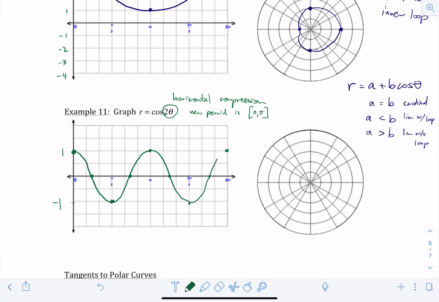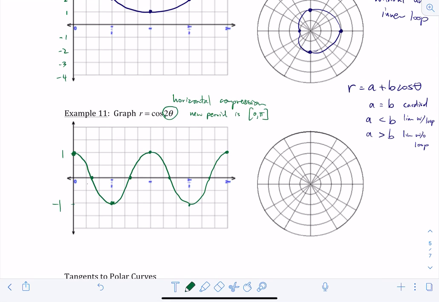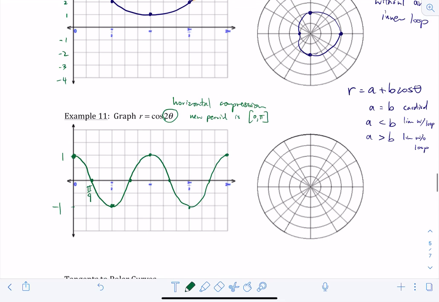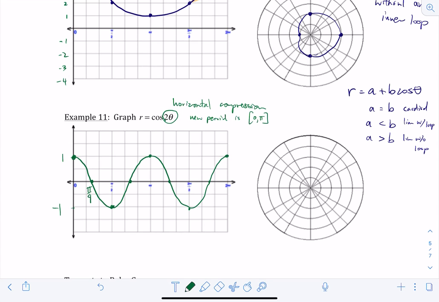Okay. And we know at this point, right in between 0 and pi over 2 is pi over 4. Between pi over 2 and pi is 3 pi over 4. Between pi and 3 pi over 2 is 5 pi over 4.